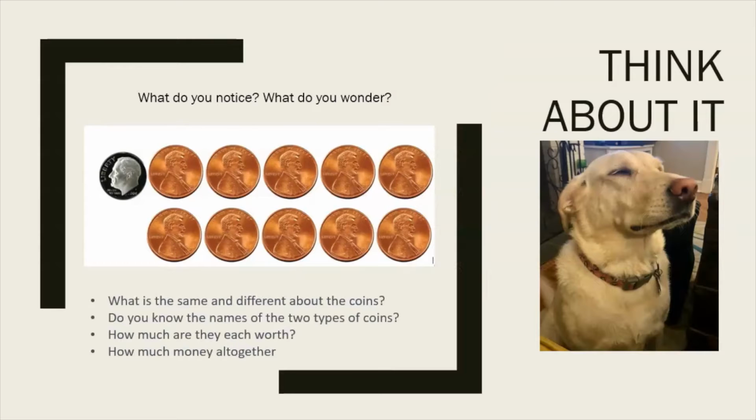Let's think about it. Let's look at the picture. What do you notice? What do you wonder? I know I'm wondering what kind of coins those are. Are you wondering the same thing? So this coin is a dime.